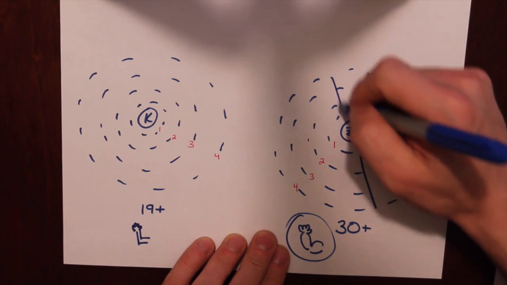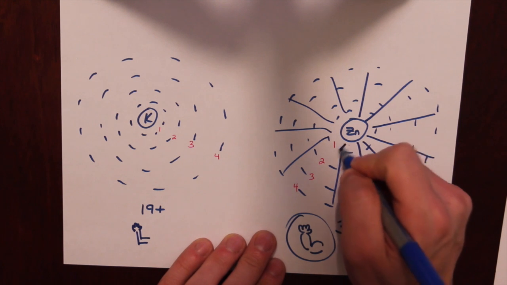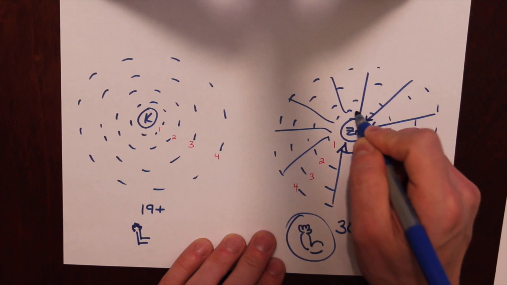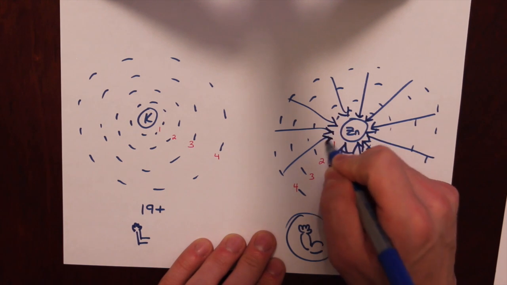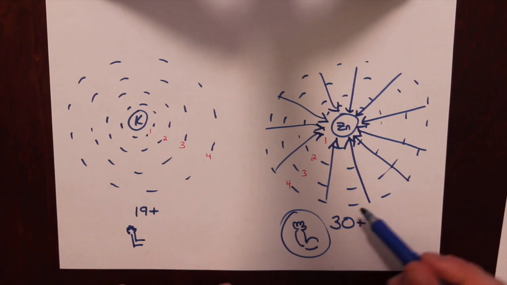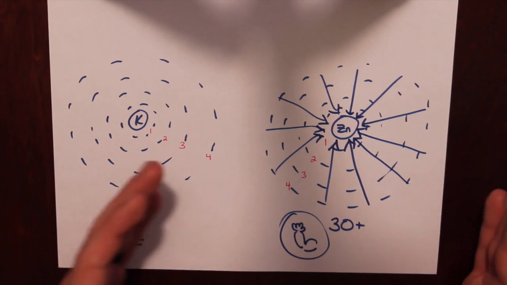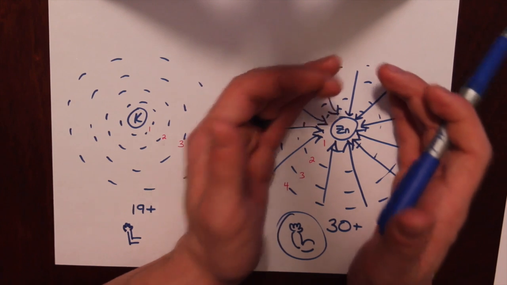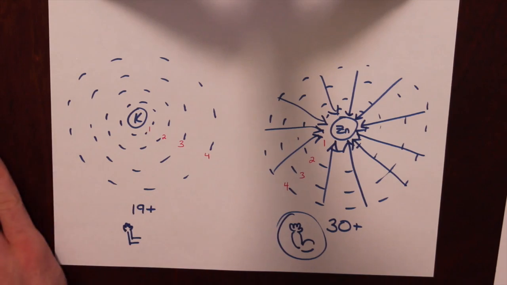So it's able to reach out to all of them. And what it's able to do, I'm not going to draw this 30 times, is it's able to bring in that valence shell slightly closer by the attraction of the positive protons to the negative electrons. So because it has more protons and we have the same number of shells, it's able to just bring those valence electrons in a little bit closer. Overall, it's just a stronger element, and you could think of it that way.